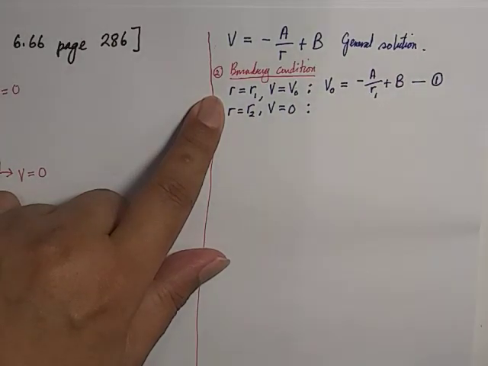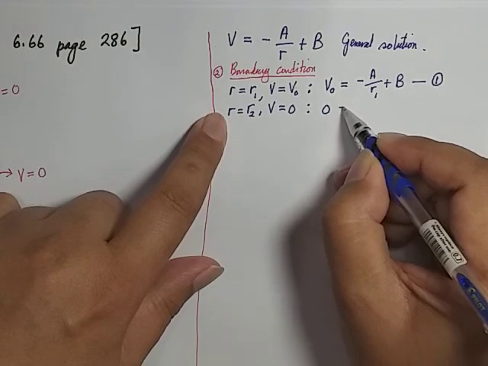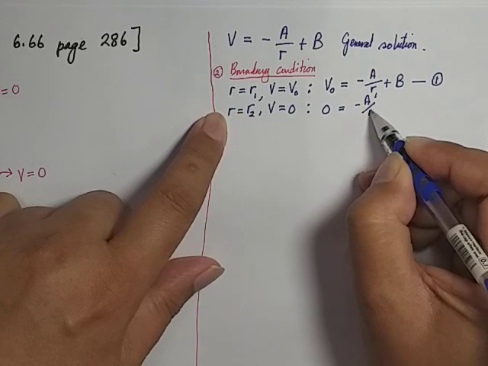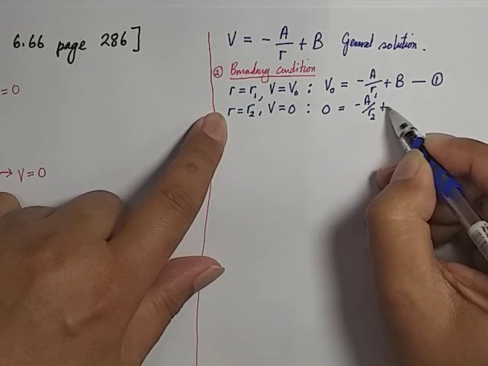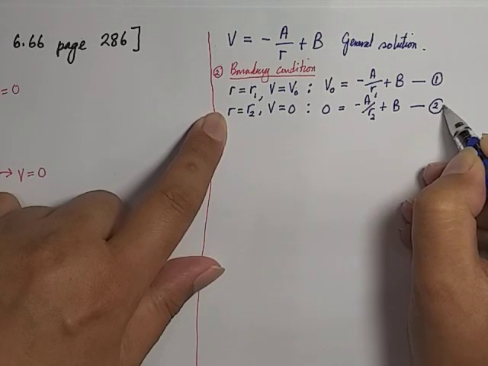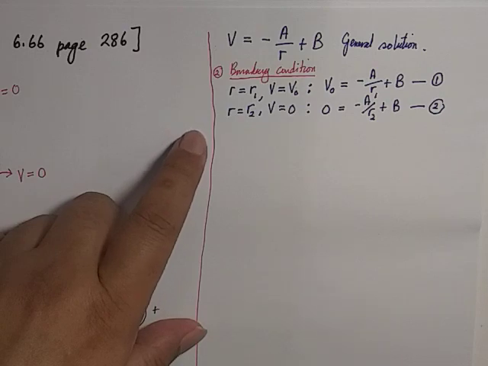And then for the second boundary condition, 0 equals minus A over R2 plus B. That should be our second equation. Now we need to solve for the constants A and B.